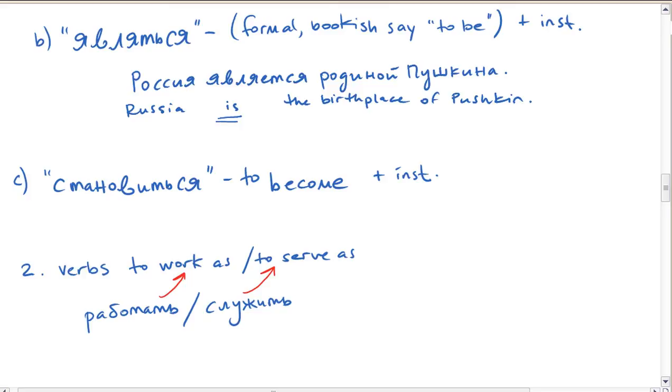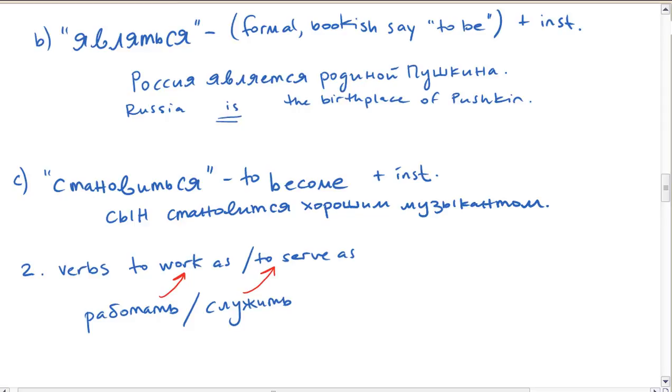And then finally, становится is to become something. So an example would be: сын становится хорошим музыкантом.